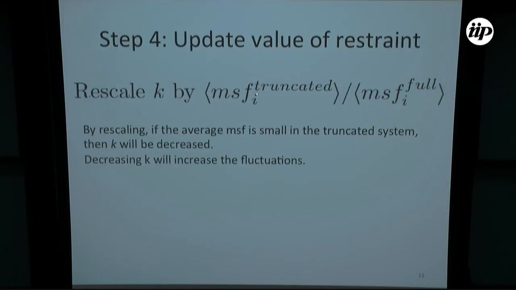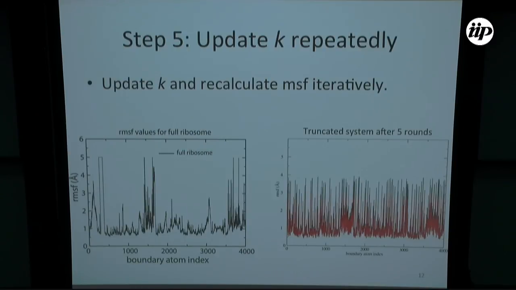If we rescale this and our fluctuations are too small, that means our Ks will be reduced, so the fluctuations should then increase. So we do this, and then we have a new K value. We repeat our simulation, recalculate our fluctuations, compare them again to the target and update again and again, and we just keep doing it until this ratio is very close to 1. This works pretty quickly. To get the average fluctuations correct, we only did 5 iterations.